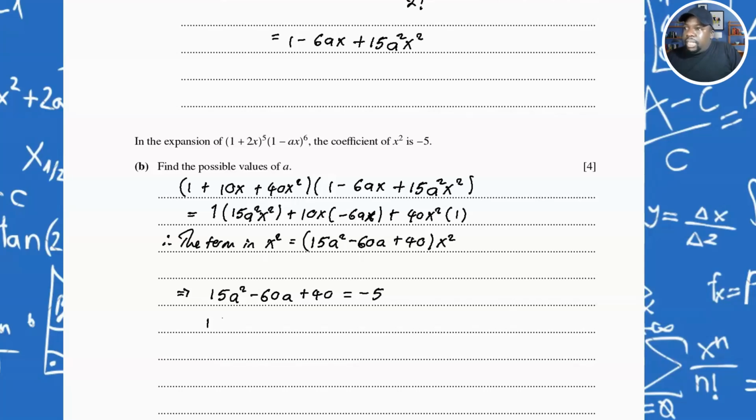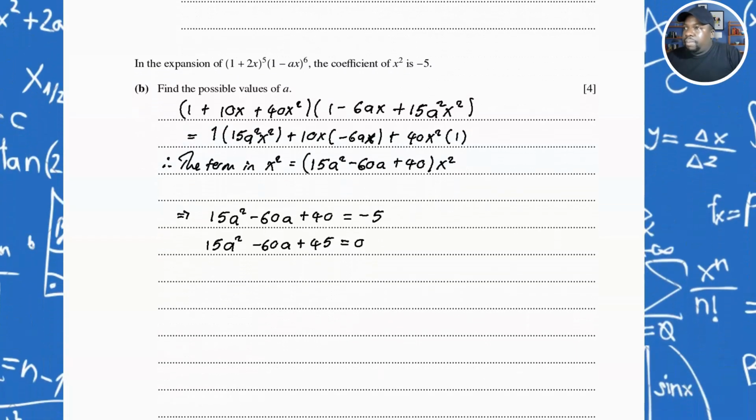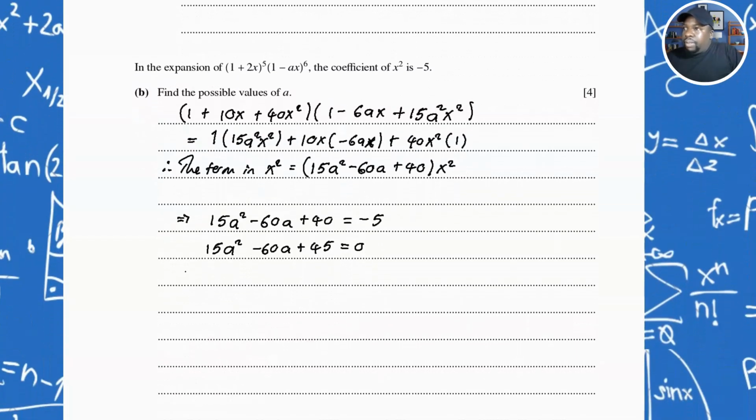So it's 15 a squared minus 60a plus 45 is equal to 0. All right. Now, I'm going to factor out the 15, and we'll be having a squared minus 4a plus 3 equal to 0.